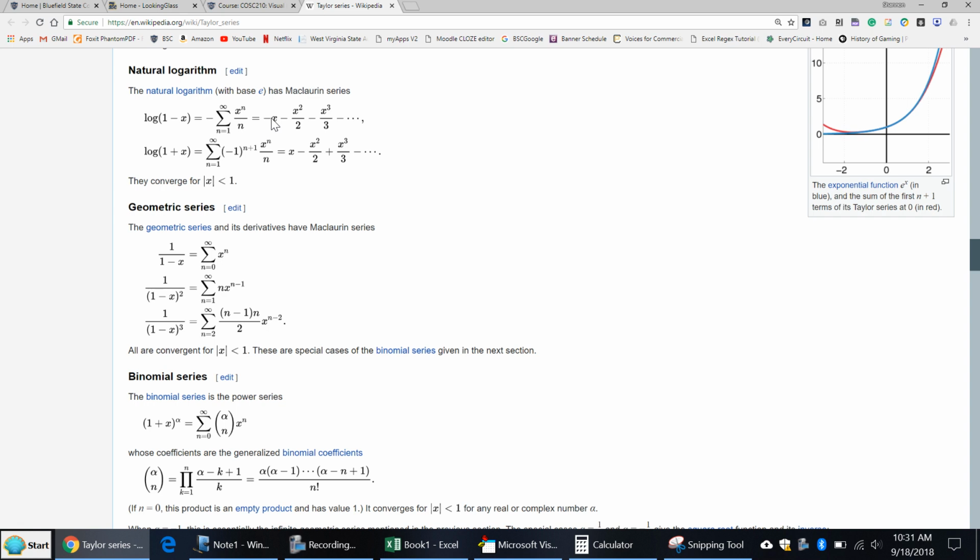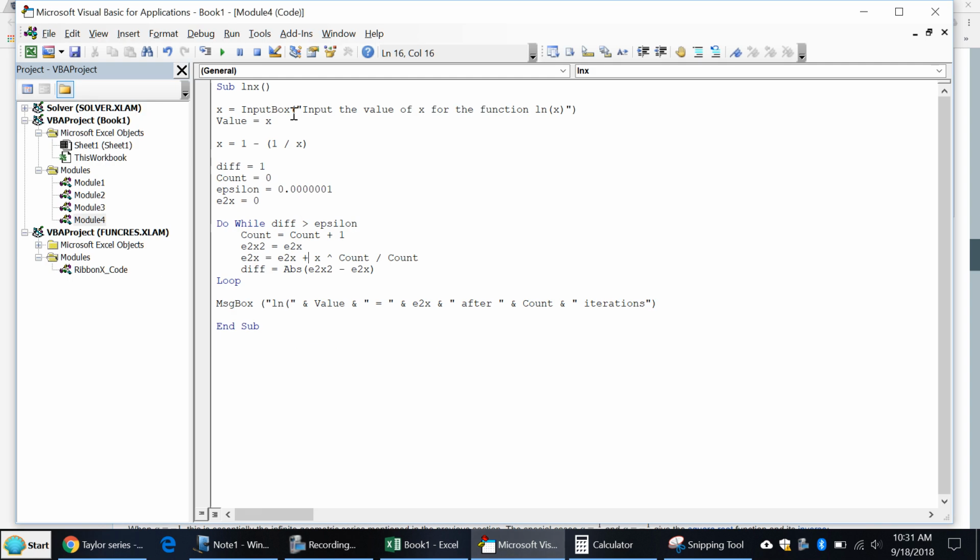If I want to take the log of like 1,000, because of how the mathematics work out, it's the negative of the log, which gets rid of all of these negatives and makes them all positives, but it's the log of 1 minus that small value. So that's why I had to put this function in right here. Otherwise, it'll calculate the right answer, but to the wrong problem.